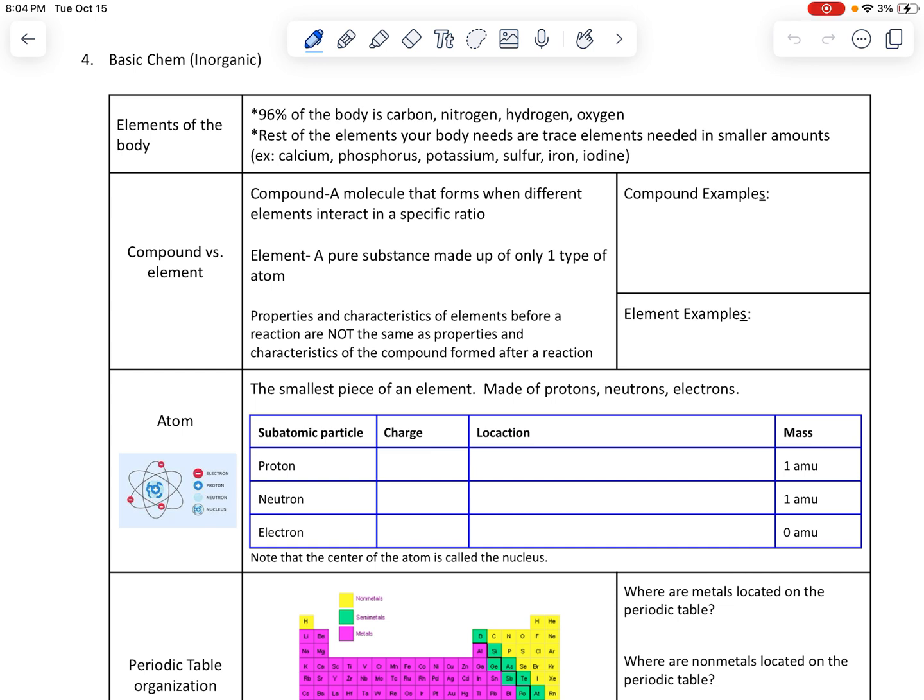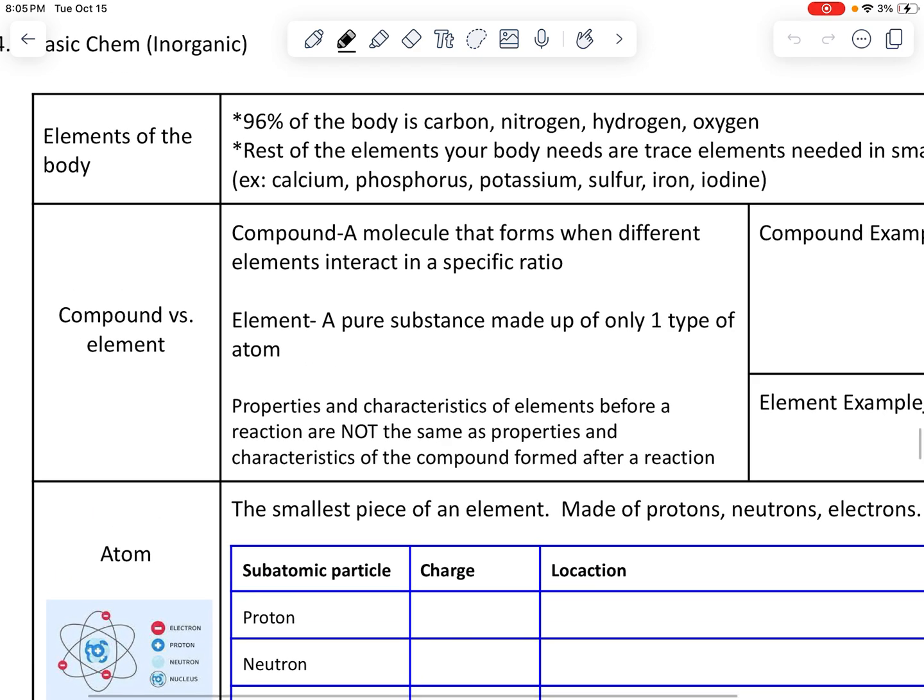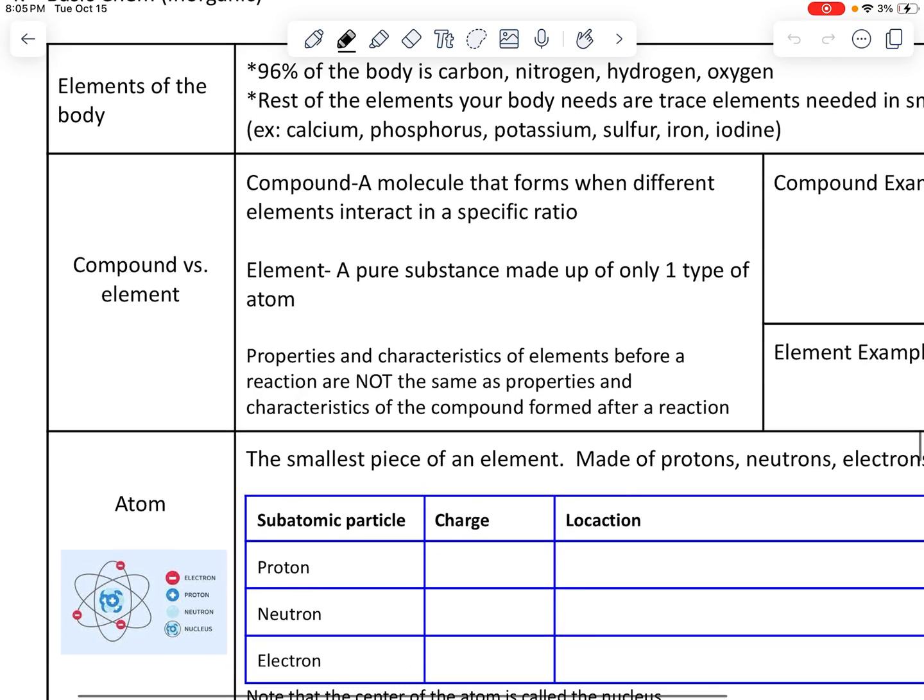So when we're talking about chemistry, we're talking about elements, and elements are found on the periodic table, which I know all of you are probably familiar with. Elements are made up of atoms. So one of the biggest issues I see, even in honors chemistry when I taught that, is really understanding the difference between an element and an atom.